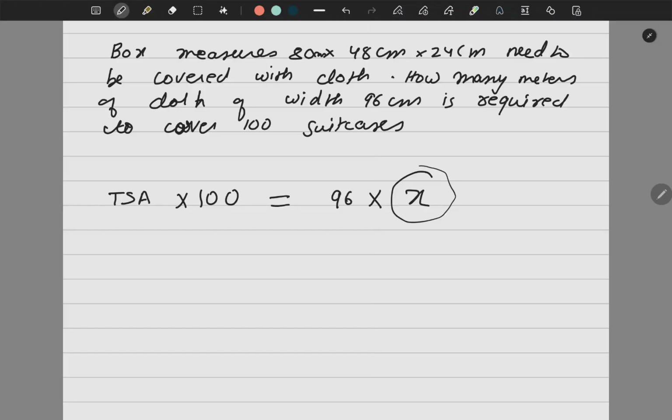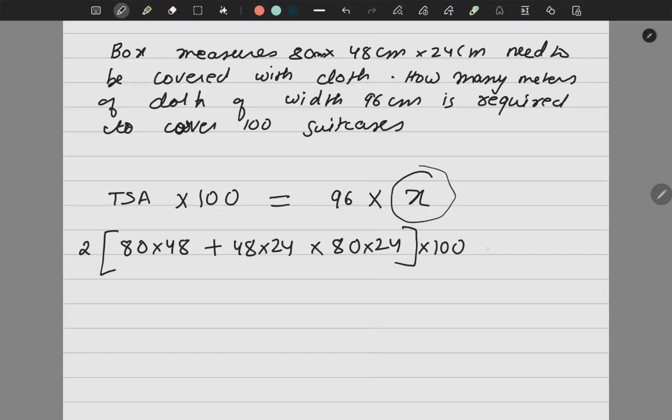Understood? So now let us start working. What is the surface area? Surface area is 2 into 80 into 48 plus 48 into 24 plus 80 into 24, into 100 is equal to 96 into x.